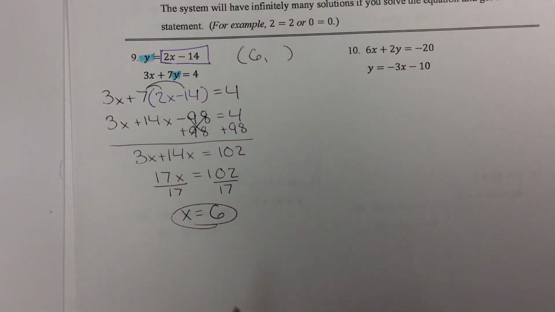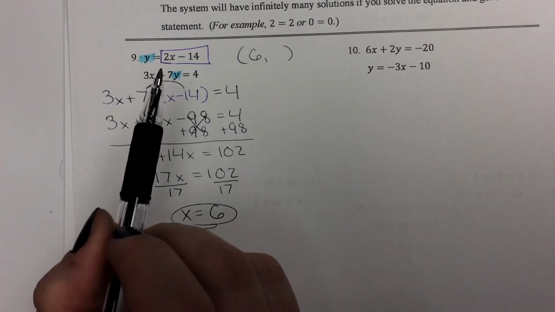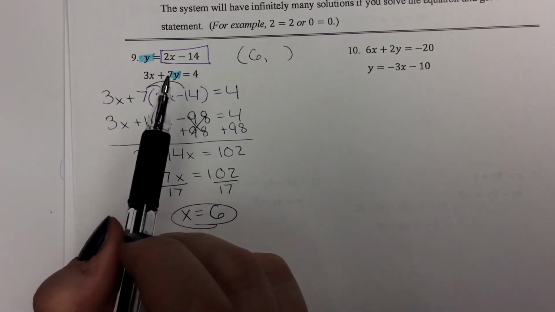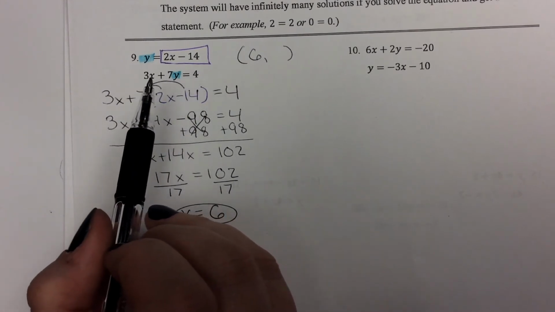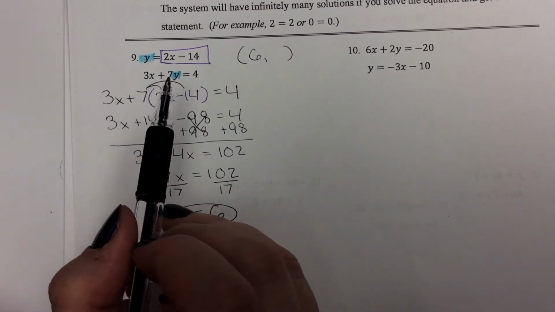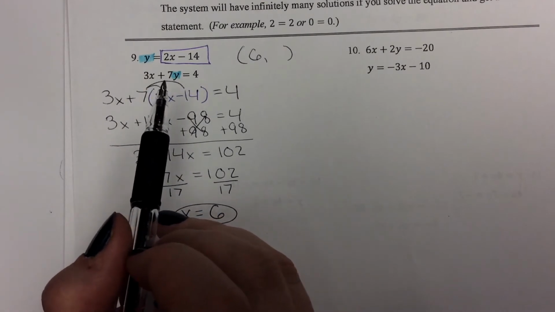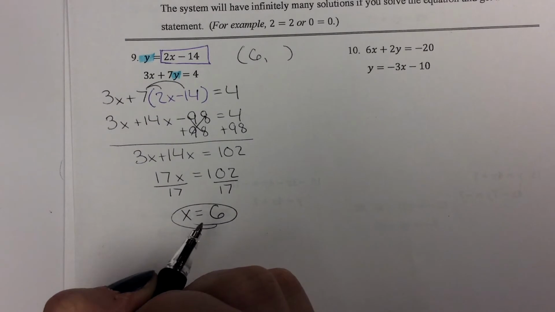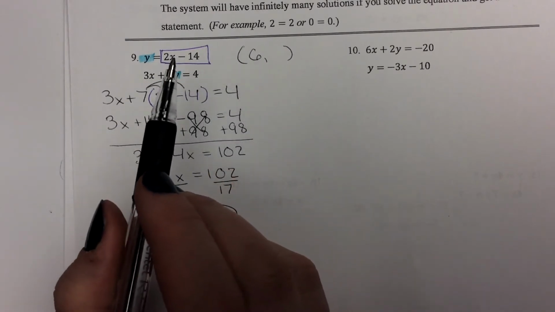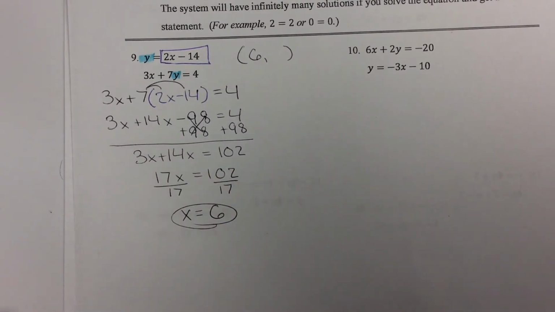How do we do that? Take x and plug it into whichever equation you want, to be perfectly honest. But please realize that if you plug x into the second one, how are you going to solve for y? You're just going to have to convert this into slope-intercept form, and then you're creating more work for yourself than you need. So I would plug this back into the equation that is already solved for y, okay, which is the first one.